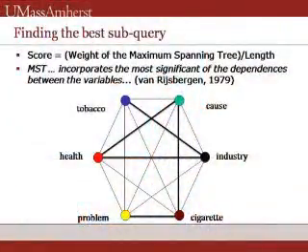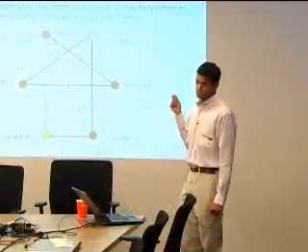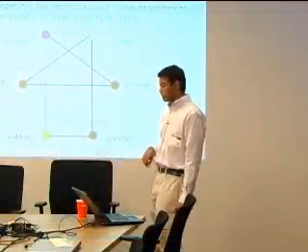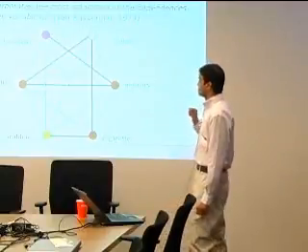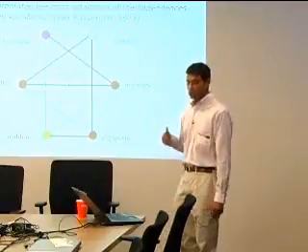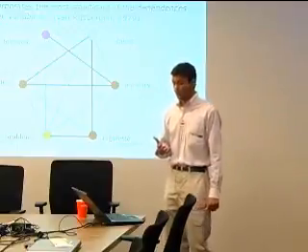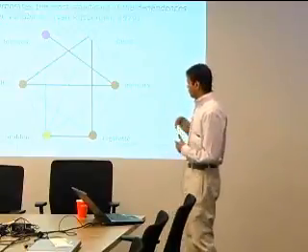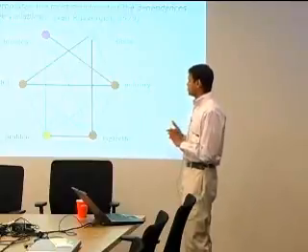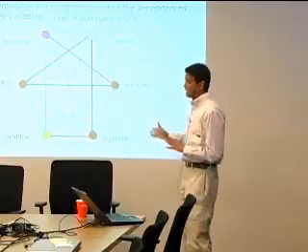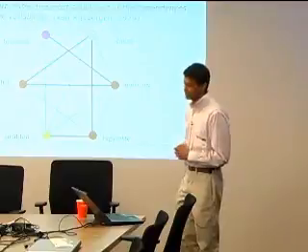We then found a maximum spanning tree on each of these graphs, and used the weight of the maximum spanning tree divided by the length of the tree as a score representative of the quality of the subquery. And we tried a number of metrics. These include finding the overall average of all the edge weights and so on.